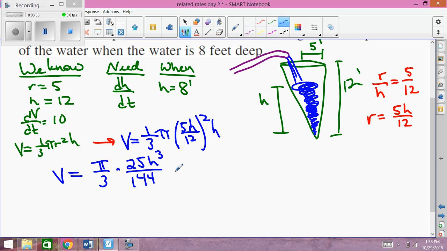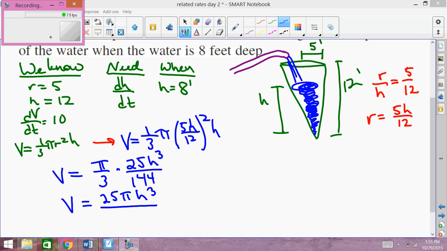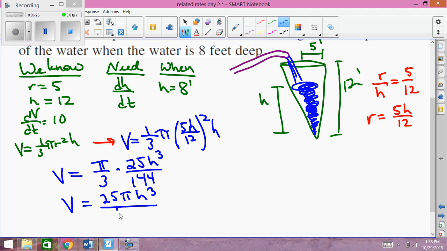Let's consolidate: I get 25 pi h cubed over 3 times 144, which is 432. That's kind of ugly.